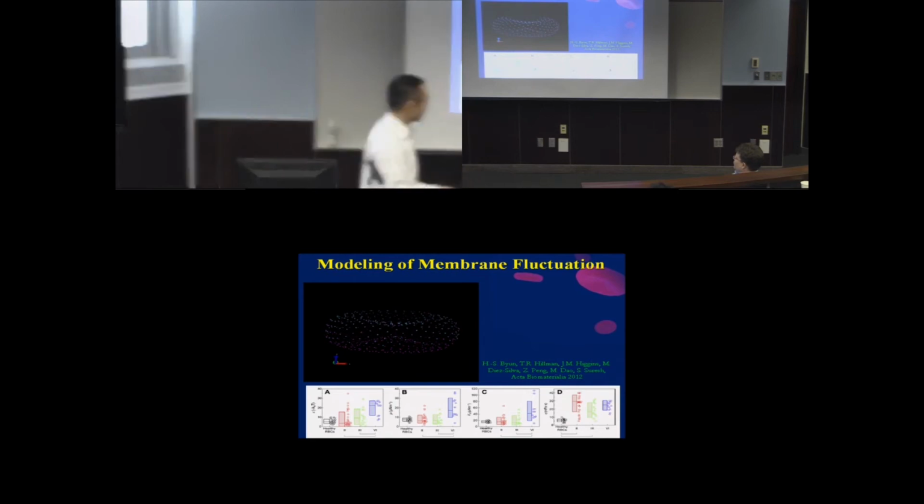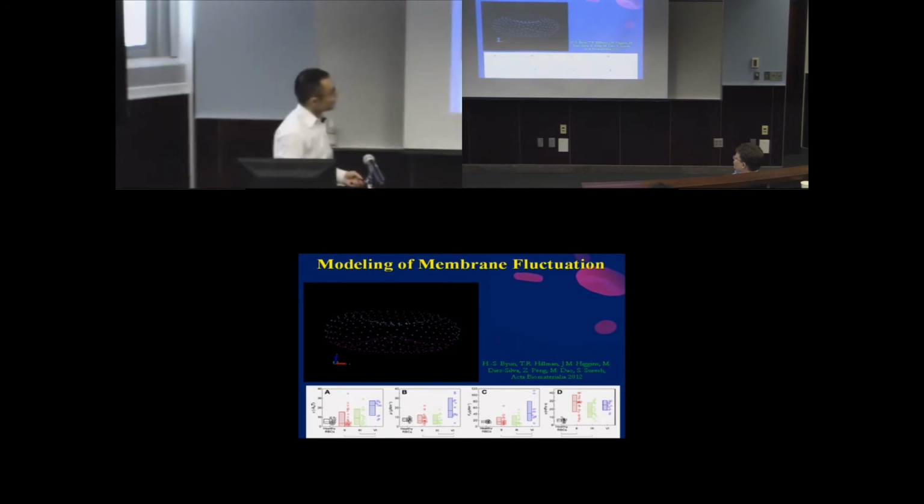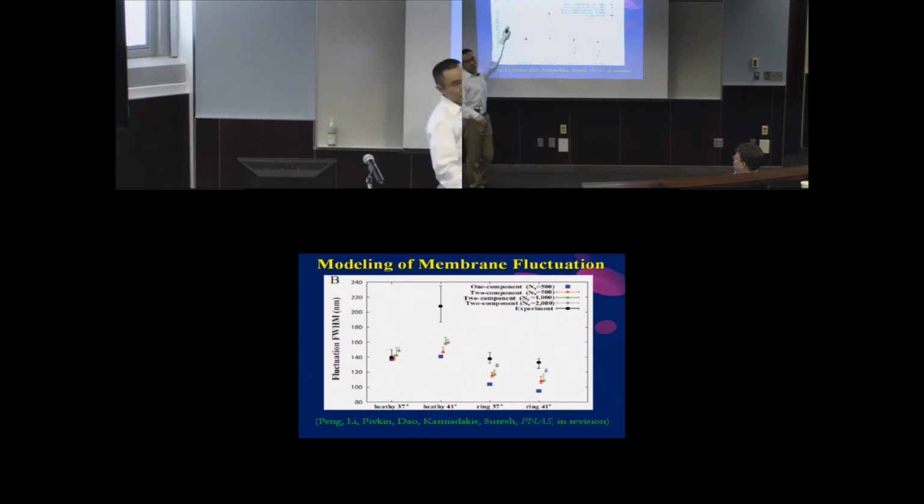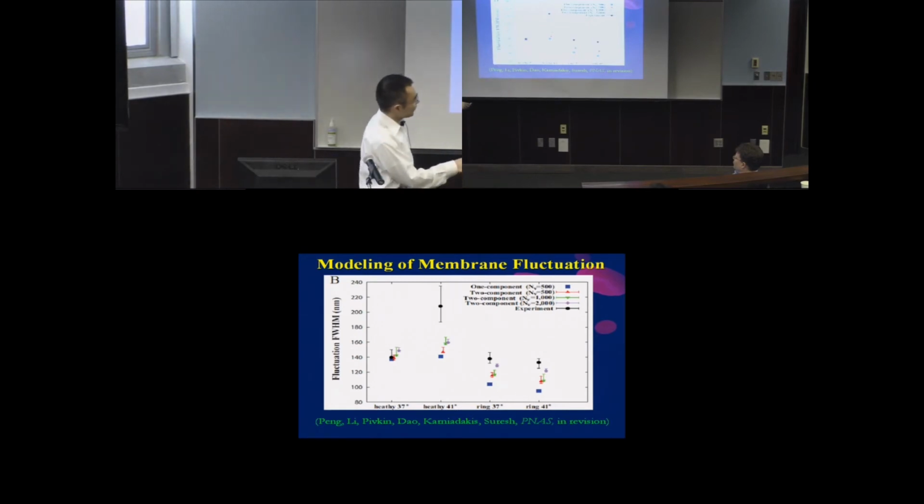We published this in Acta Biomaterialia, and we find that compared to the one-component DPD model, the two-component model has an advantage. The y direction is the amplitude of the fluctuation. For different cells, the two-component model, which models the bilayer and the cytoskeleton as two different layers, gives a result that is closer to the experiment.